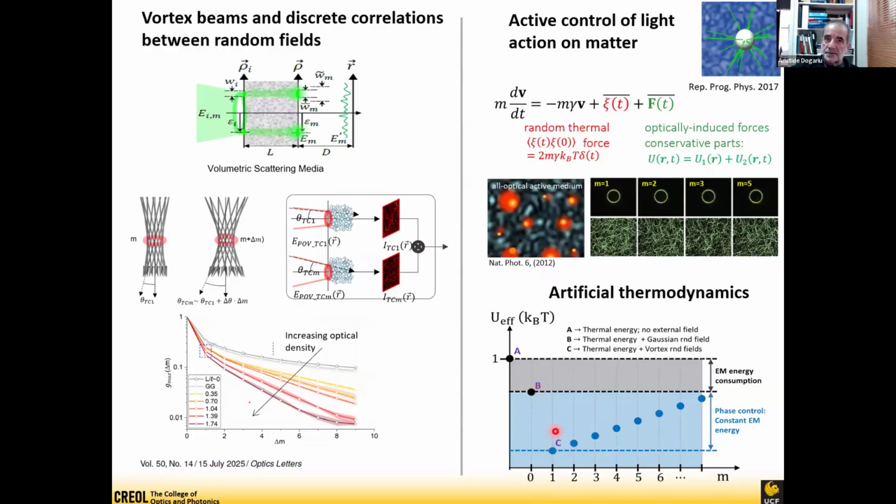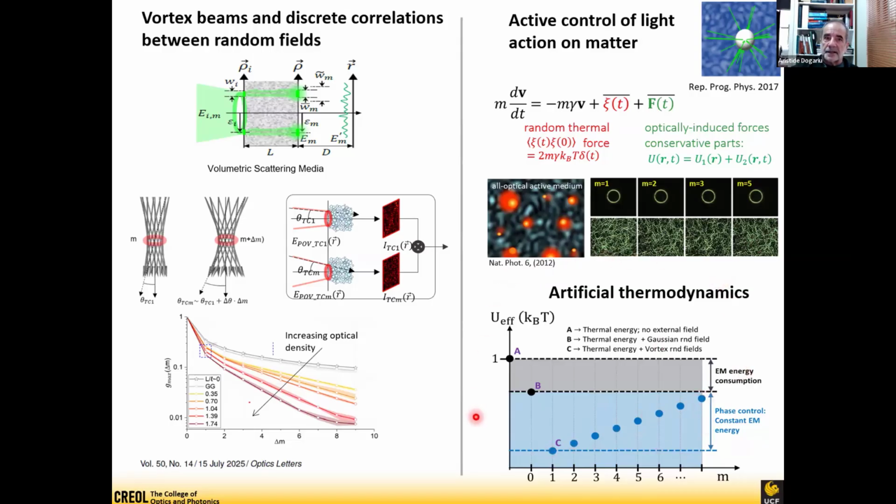This is a consequence of the fact that the effective potential that is imposed by light here is certainly steeper. And it's steeper because of the k-space distribution that is associated with random fields. Of course, as you go to higher and higher topological charges, this effect, due to the randomness in the field, gradually disappears, right?